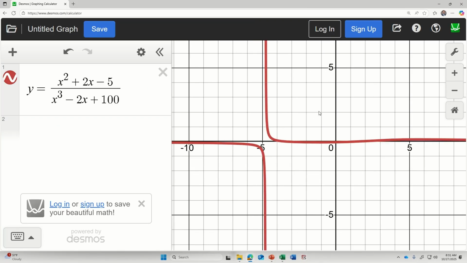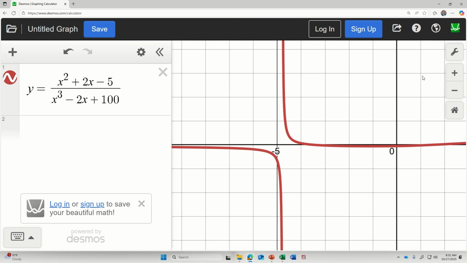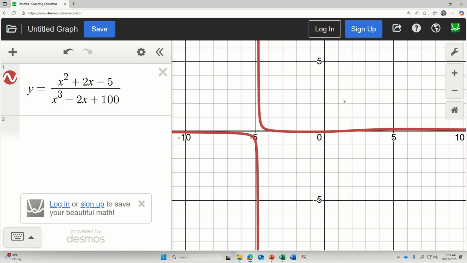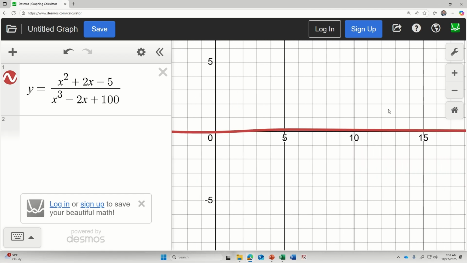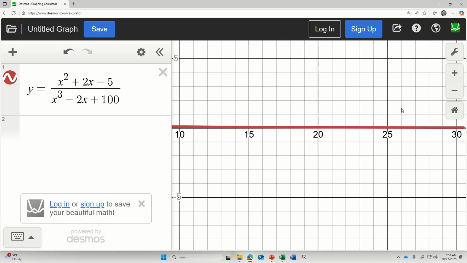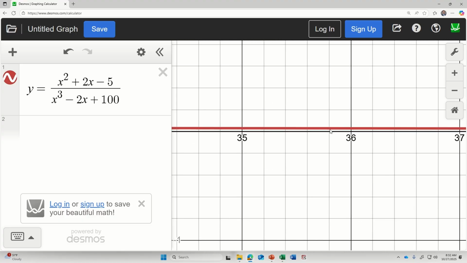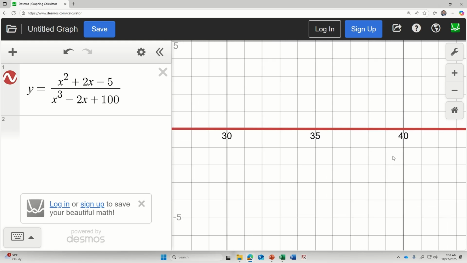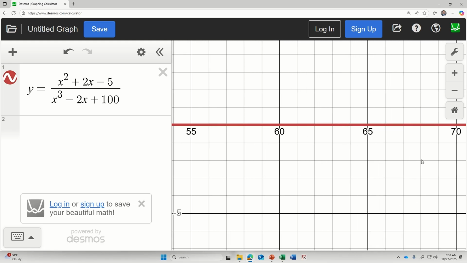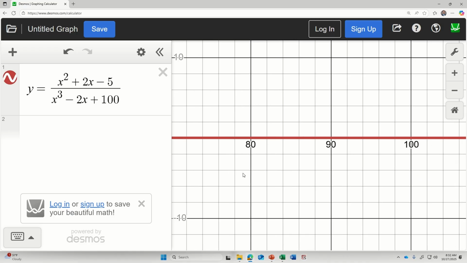Okay, so visually the question is, as I let x approach infinity, which means as I scoot farther and farther and farther to the right, where is this curve going? Is it going up? Is it going down? Is it settling out at some number? And as far as I can tell visually, it's getting closer and closer to 0, right?